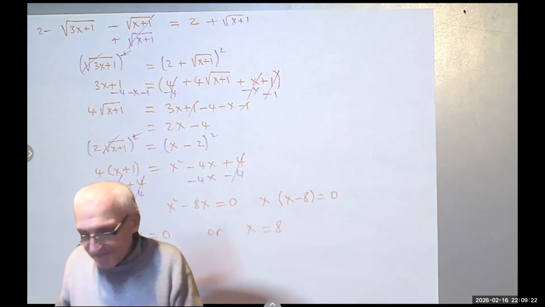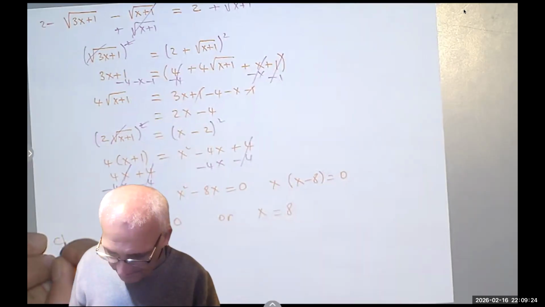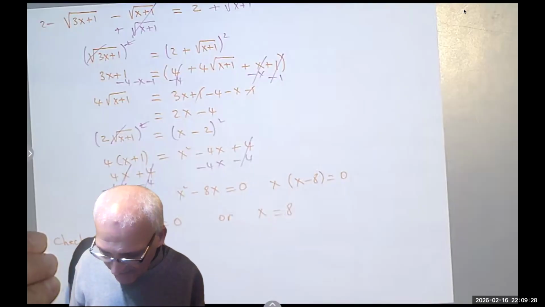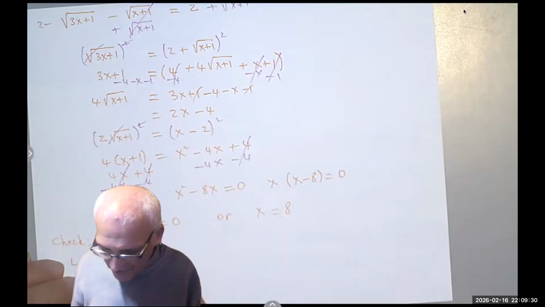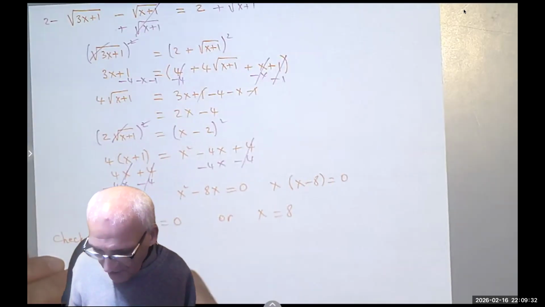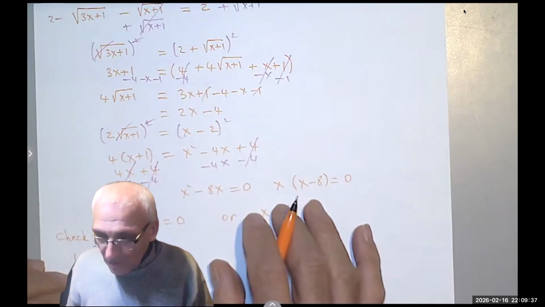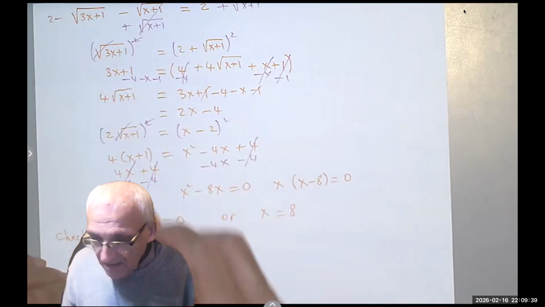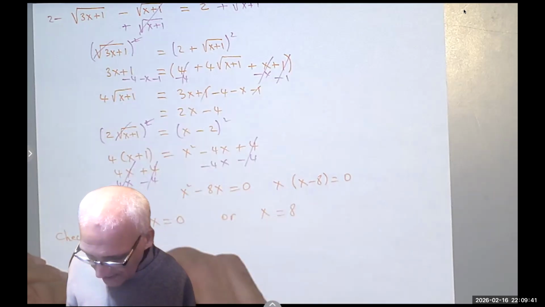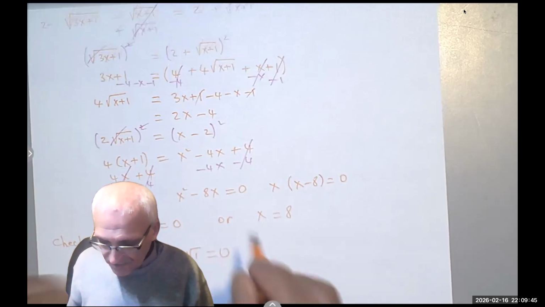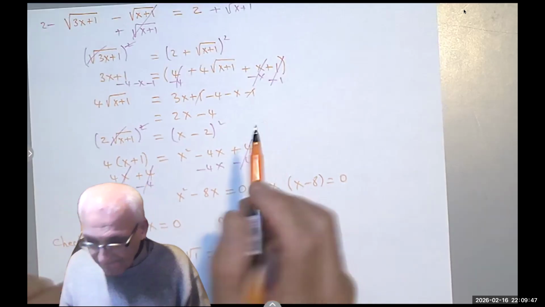Don't forget, we have to go back. Check. X equals 0. Left-hand side. If x equals 0, I get the square root of 1, which is 1, minus the square root of 1, which is 0. Right?